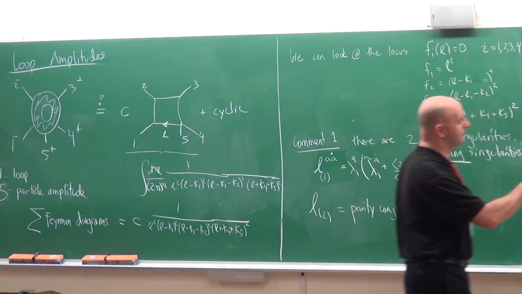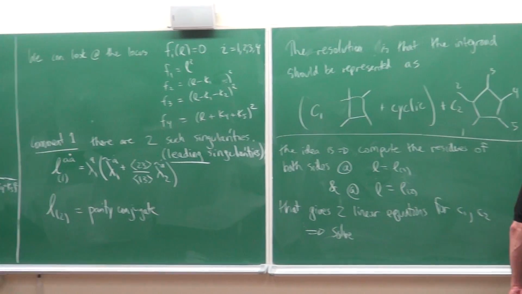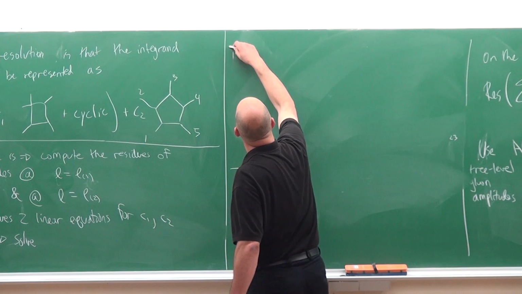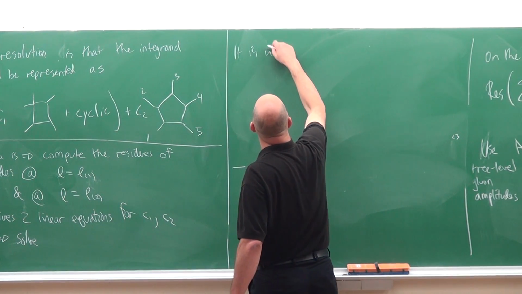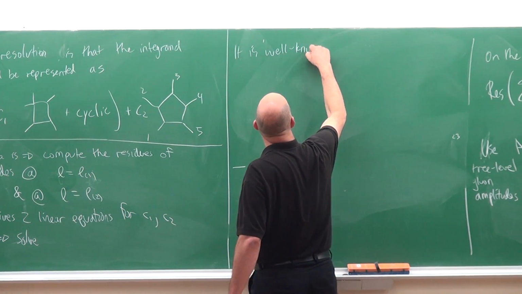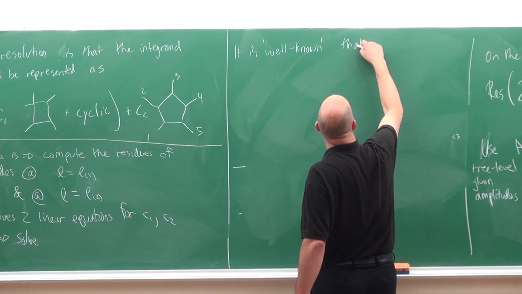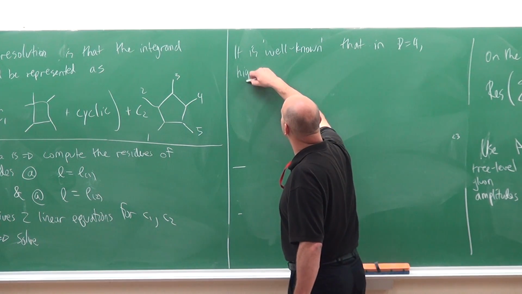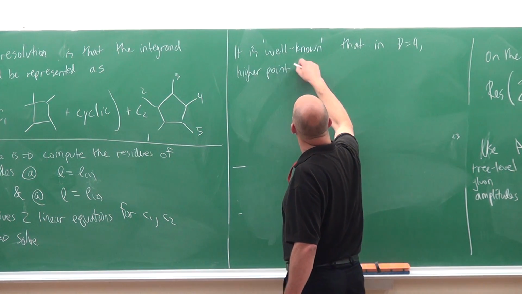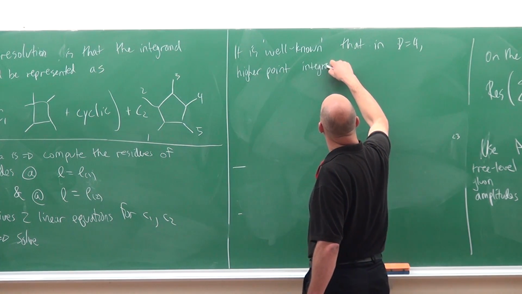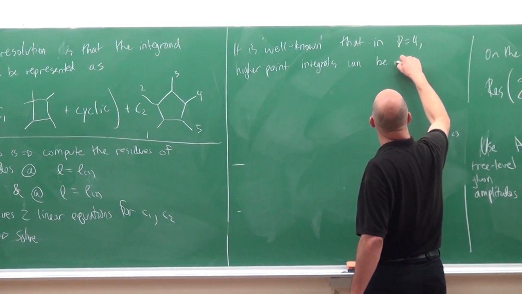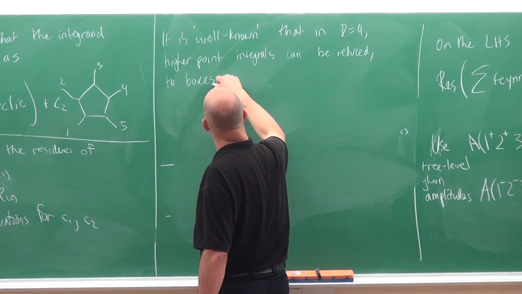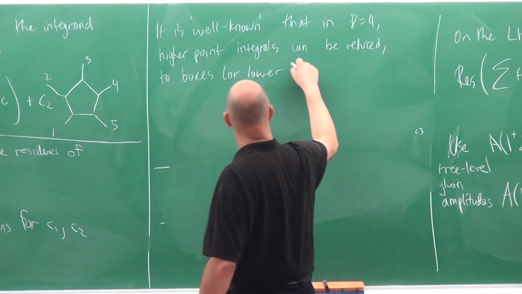This raises an important question that I want to comment on, because some of you may be familiar with the fact, it is well known, that if d equals 4, higher point integrals can be reduced using tensor reduction techniques to boxes or lower point.